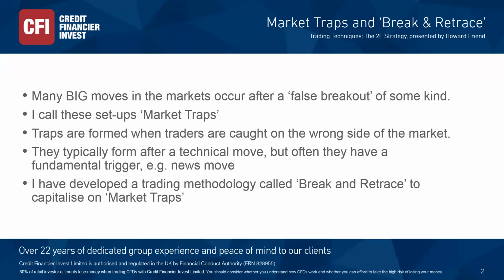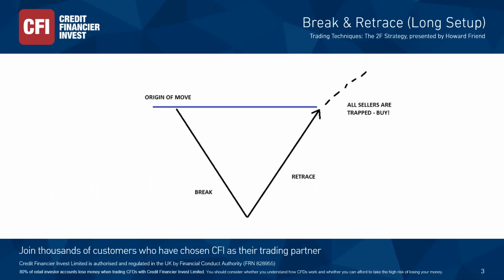Once we get a sharp move like that, then we're looking for a counter move. And once we've gone all the way back to the origin of the break move, the break and retrace, then we've had ourselves the formation of a trap.